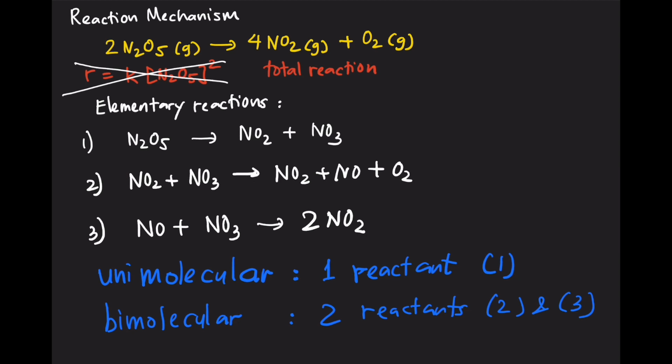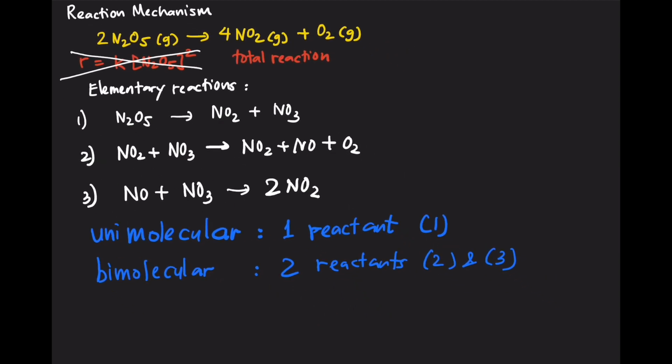We can also have a termolecular reaction, but we don't have the example here. A termolecular reaction is when we have 3 reactants. And as you can guess by now, it is very hard for us to get termolecular reactions, because don't forget that reactions are based on collisions.